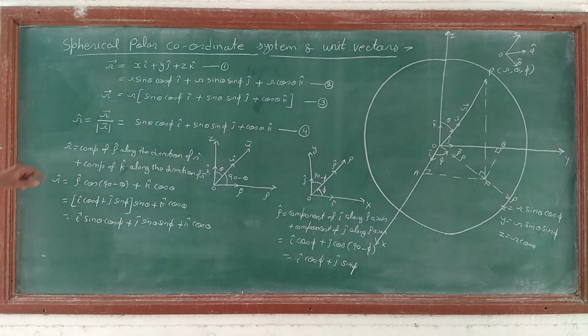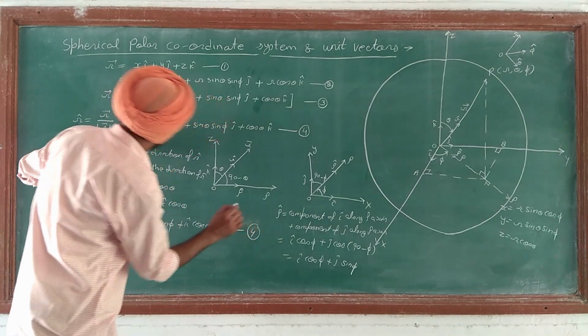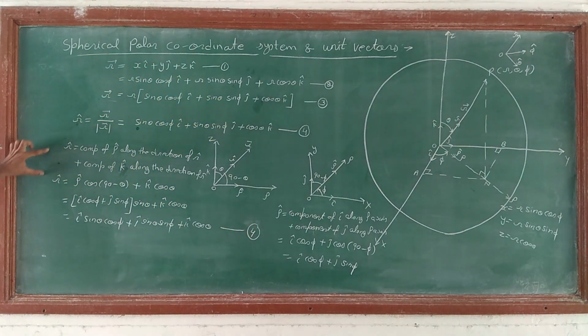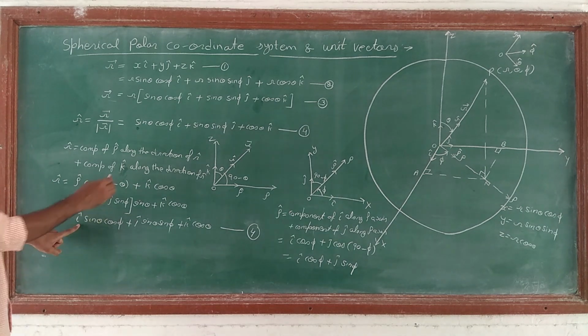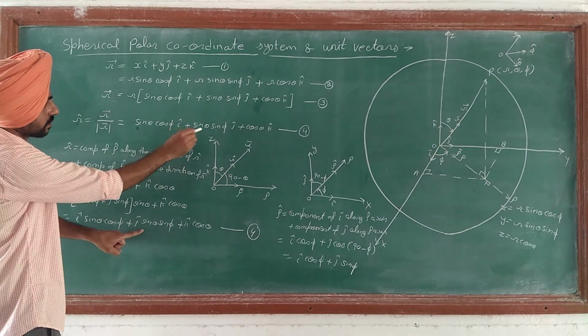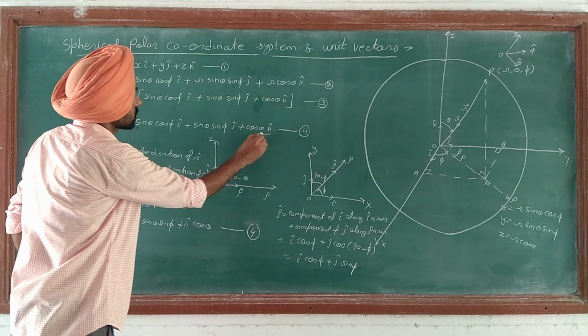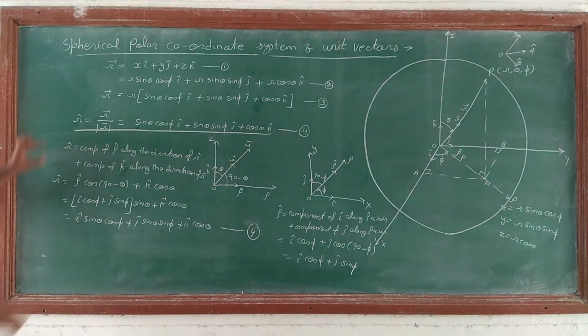You can see equation number 4 is derived from this method. This is again equation number 4. They are similar, so we can derive r cap with two different methods.